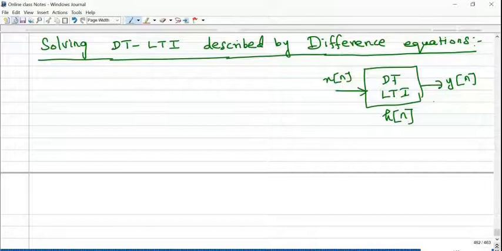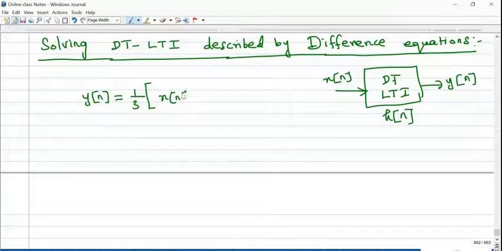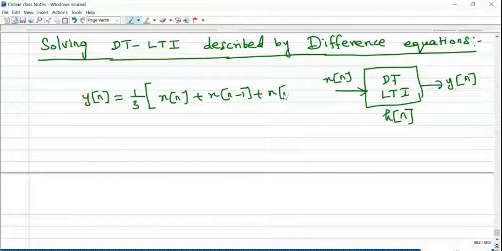The relation between x of n and y of n may be written by a difference equation. Say, for example, y of n equal to 1 by 3 times x of n plus x of n minus 1 plus x of n minus 2.